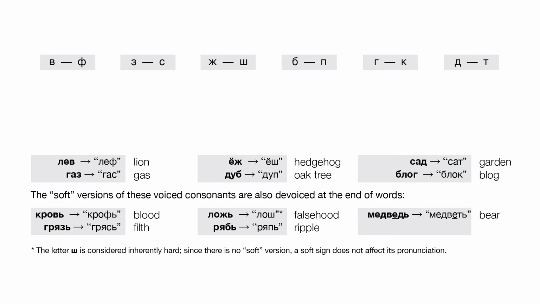You can think of the same issues in English, comparing V, F, Z, S. Well, here we don't have a letter really, but again, J, Sh, B, P, G, K, and D, T. Those are the pairs we're talking about. Okay, so the place where this is most important in Russian pronunciation is at the end of a word, right?